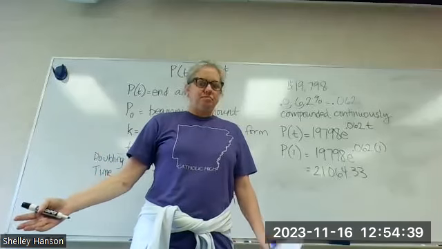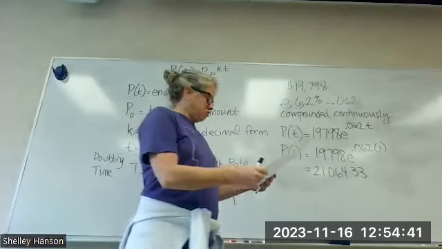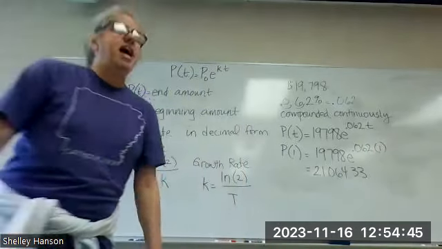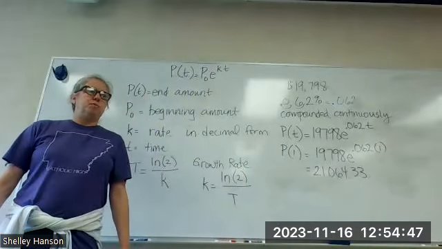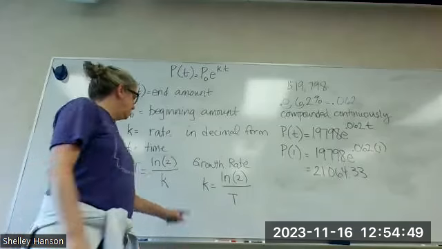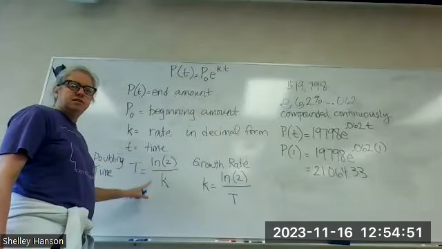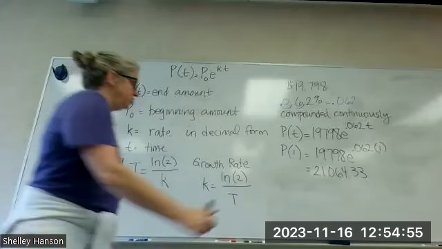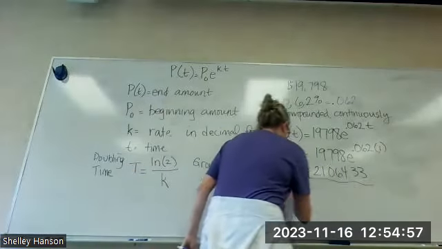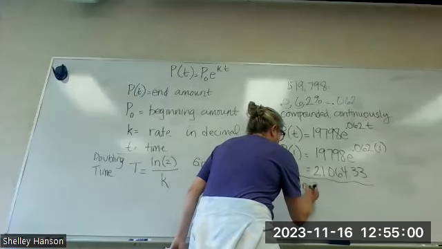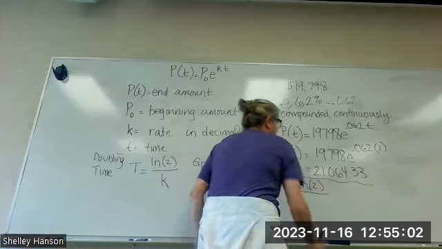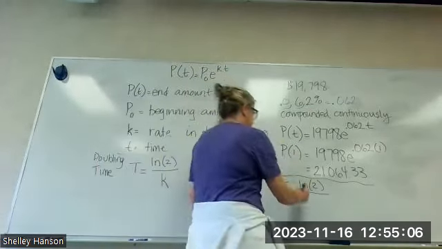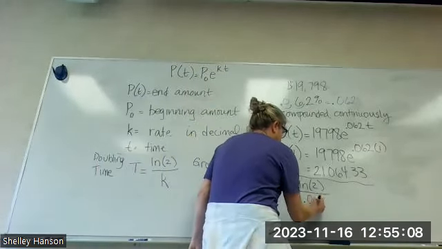Okay. The last part of this question just says, what's the doubling time? In other words, how fast is my money going to double? Doubling time is this formula. So T is going to be equal to ln of 2 over the rate, 0.062.